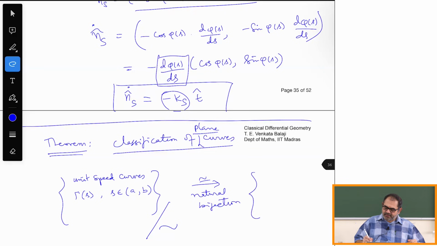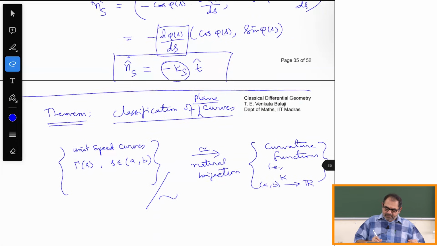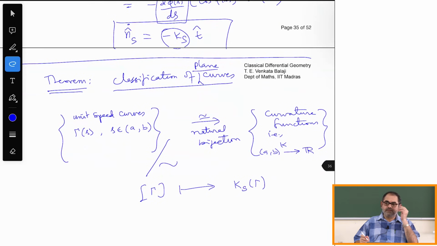On the other side, you will have curvature functions, that is, kappa from (a, b) to R. Just in words, the map is: you send any curve gamma, or its equivalence class, to the signed curvature. This is the map.